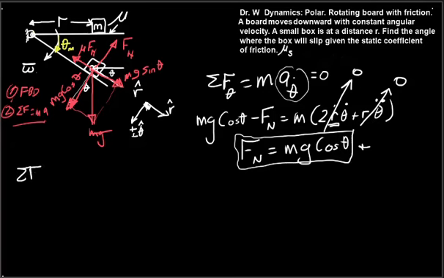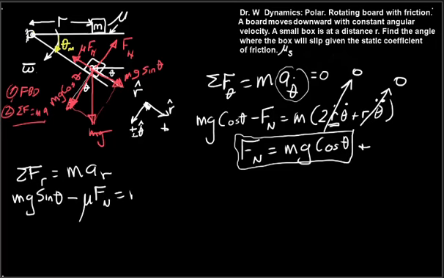If we look at the r hat direction, again, here's positive, mg, and again recall this r double dot minus r theta dot squared, or r omega squared. If it's not moving, the box hasn't begun to slide, r is not changing, so that's 0.